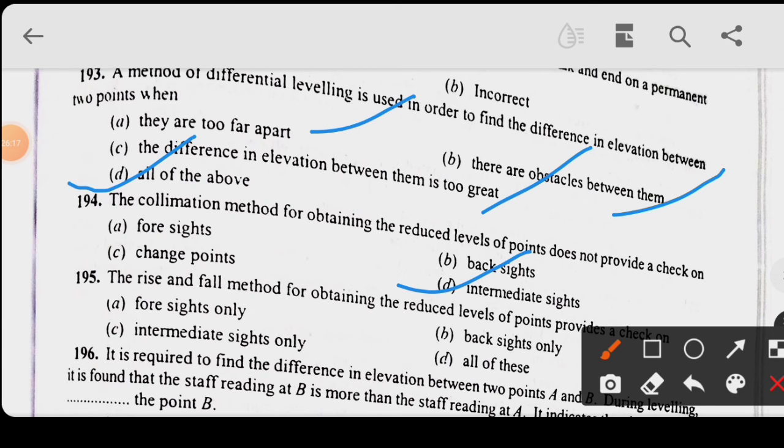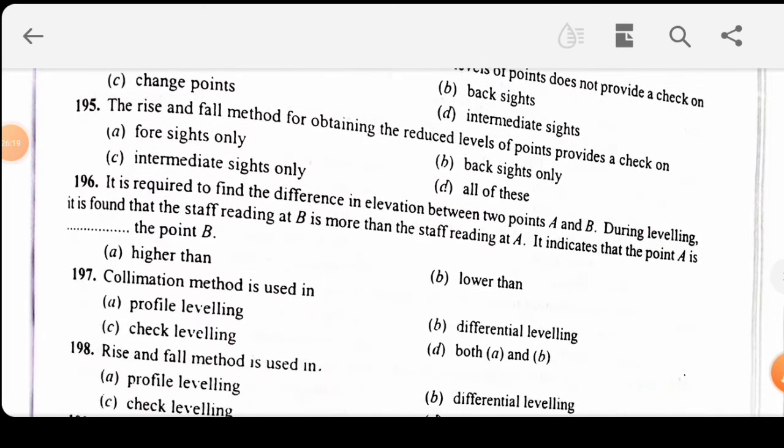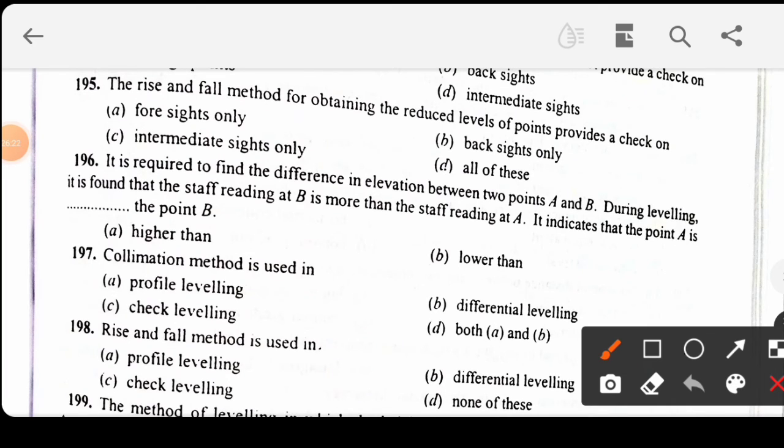After that, look, 195. The rise and fall method for obtaining the reduced levels of points provides a check on four sides only, intermediate sides only, back sides only. Here the correct answer will be D, all of these.